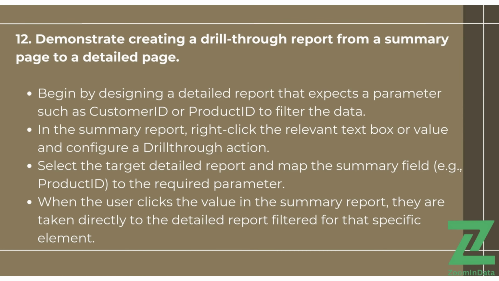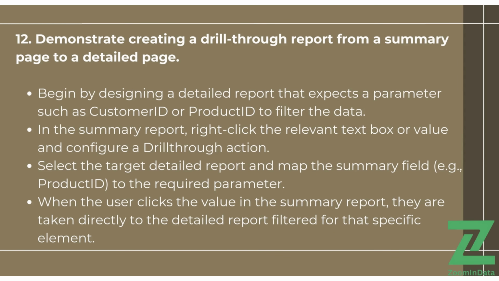12th question. Demonstrate creating a drill-through report from a summary page to a detailed page. Begin by designing a detailed report that expects a parameter such as customer ID or product ID to filter the data. In the summary report, right-click the relevant text box or value and configure a drill-through action.